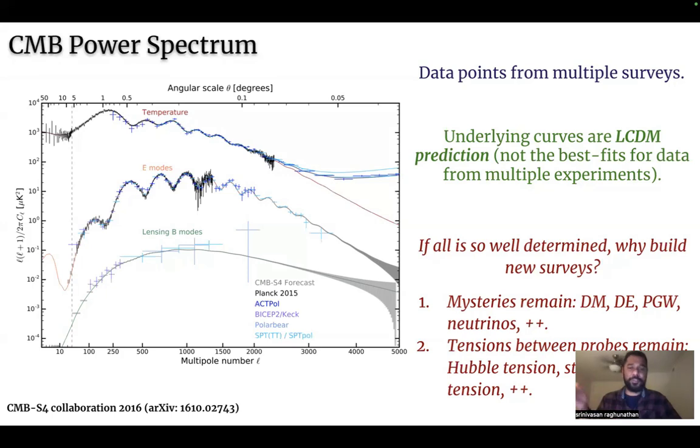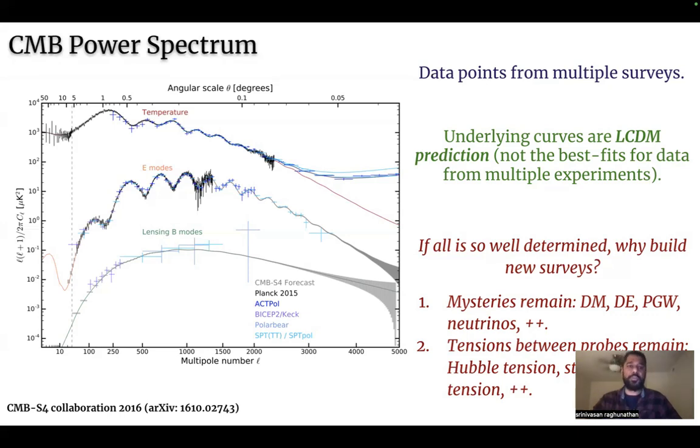So this is great. If all is so well determined, why do we have to build new surveys? Even though we have measured this, and we have this ΛCDM model, it is actually a mystery that this model works, because there are so many things that we are yet to understand. For example, we don't know much about the properties of dark matter or dark energy.